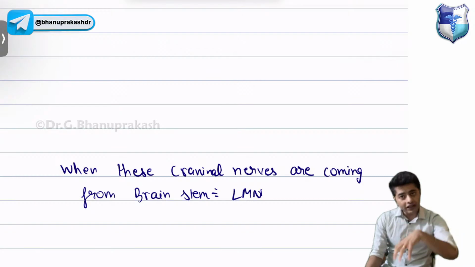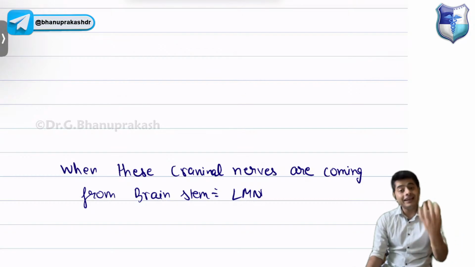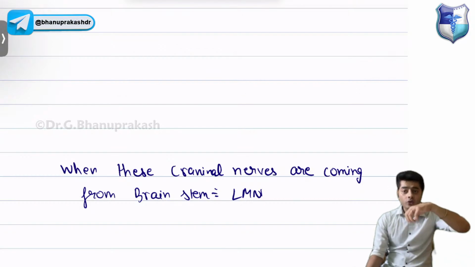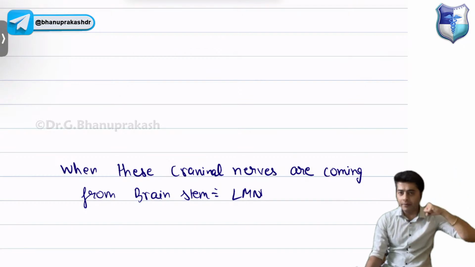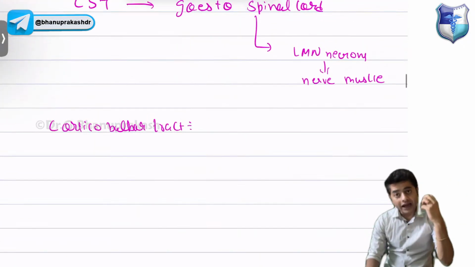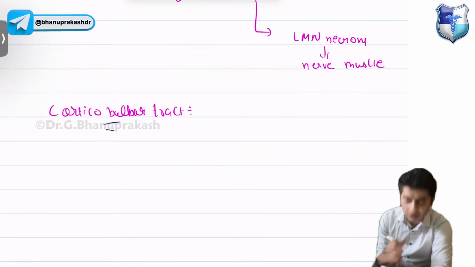But we need someone to control them, such that they should be inhibited. And who is doing that process? That is done by the corticobulbar tract.